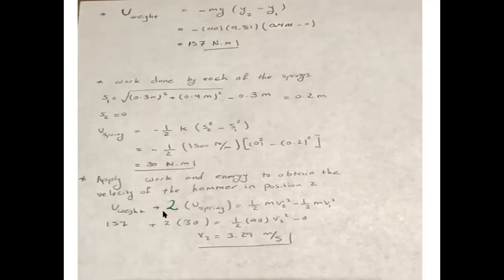But we have two springs, so we have 2 times the work of a spring. So the work of the weight plus 2 times the work of a spring equals the kinetic energy. Now we can find the velocity of the hammer at position 2. So the velocity is 3.29 meters per second.